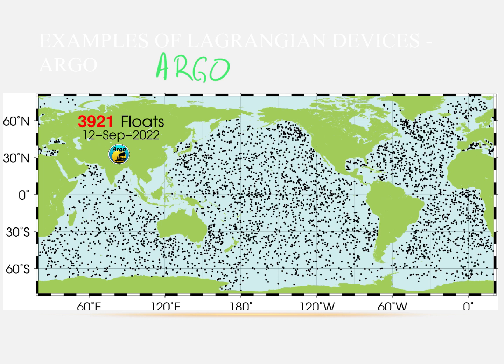And then once it's fully downloaded, it'll get a signal back. And that signal tells it to go all the way back down. It'll take another profile on its way back down. It'll stay there for 10 days and then come back up. So it's taking all of this data, and it's able to conduct about 150 cycles.